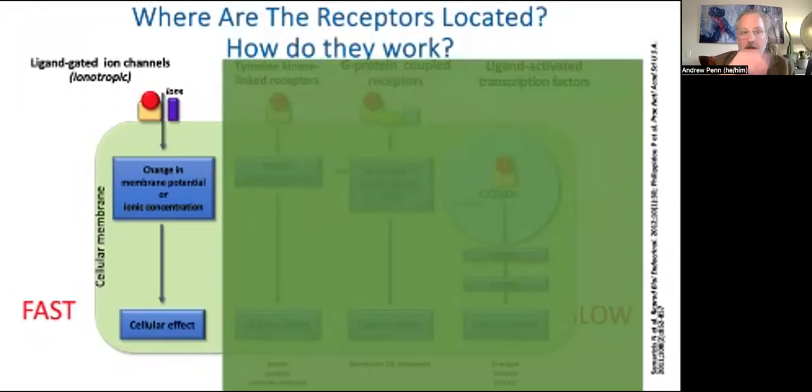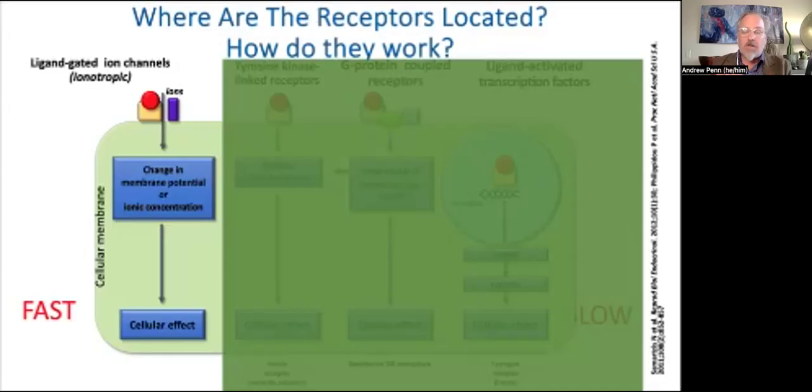So let's start with ligand-gated ion channels, which are also known as ionotropic receptors. So conceptually here, what we've got is essentially like a tube or a funnel, if you will, that sits on the surface of the membrane and pokes through the membrane into the intracellular space. When that opening is activated by a neurotransmitter, it allows for ions, which, if you remember, are positively or negatively charged molecules.